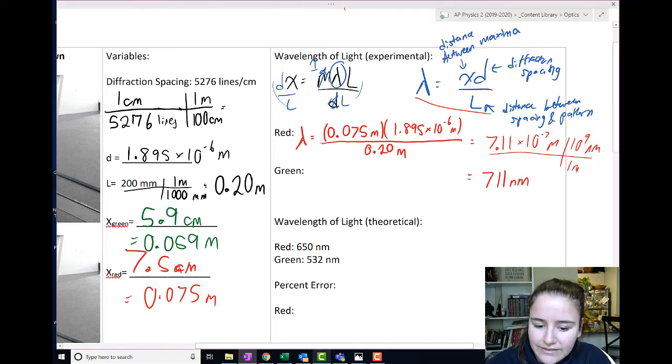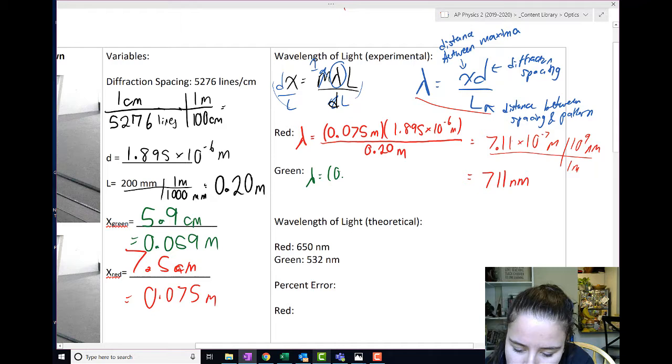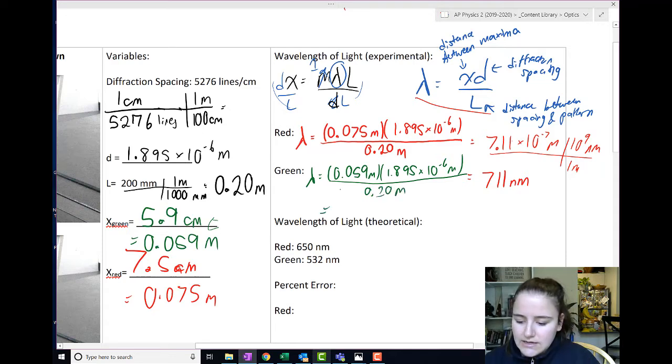Now for our green light, it is the same equation, but with different spacing. 0.059 meters times 1.895 times 10 to the negative 6 meters divided by 0.20 meters.